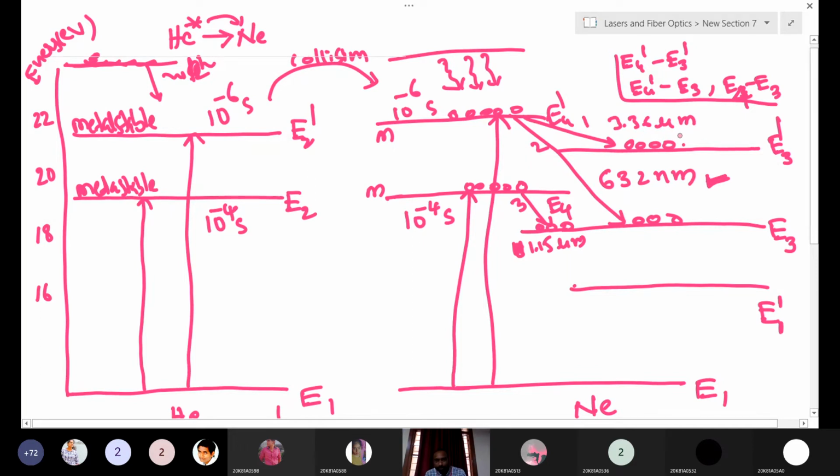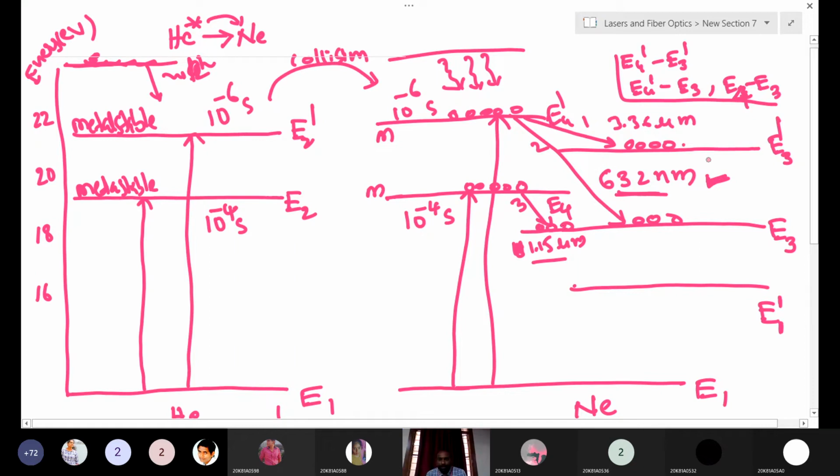If they make a transition from E4 dash to E3 level, they emit 632 nanometer light. And third, if atoms make a transition from E4 to E3 level, they emit 1.15 micrometer photons.